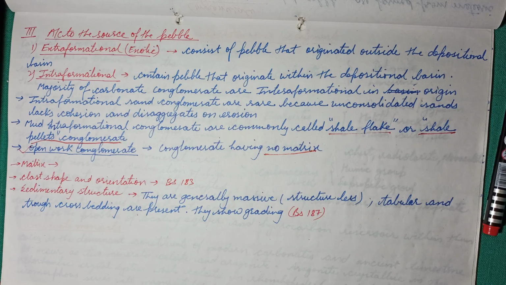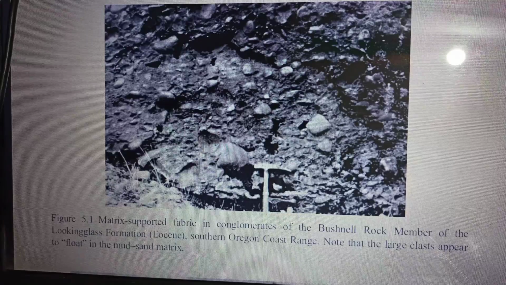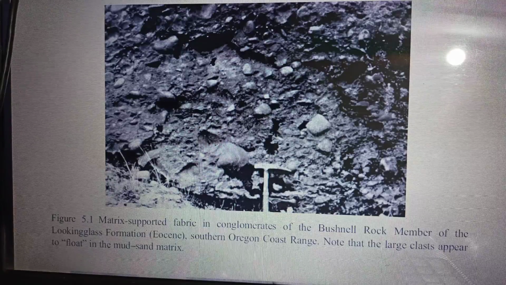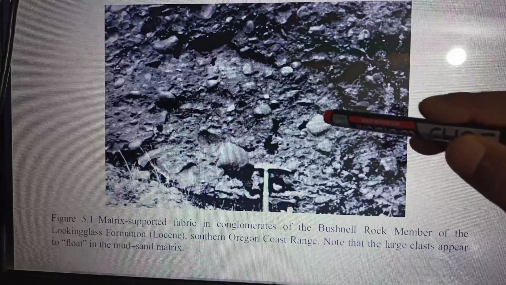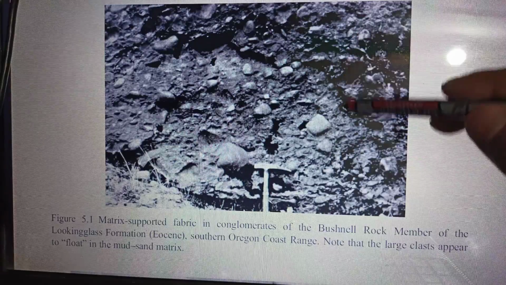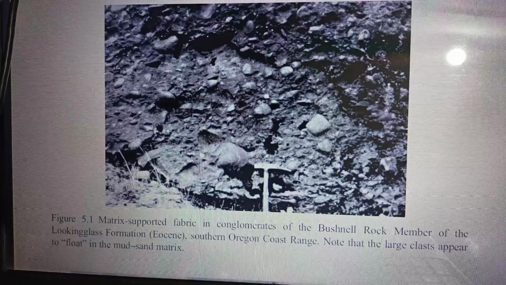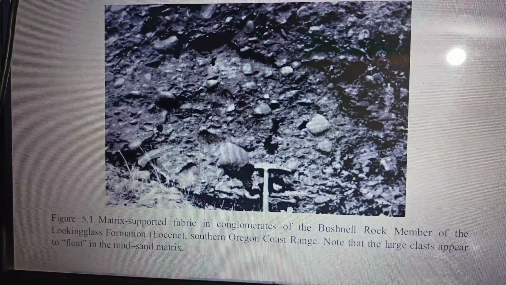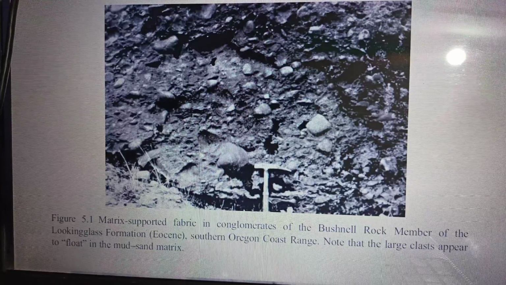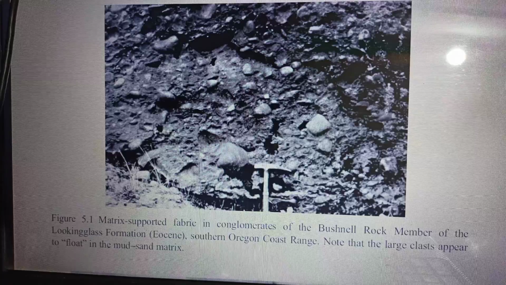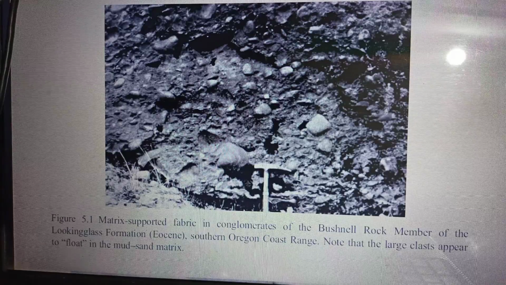Now see this. What is this? This is conglomerate. Now in which group are we going to place it? Is it grain supported or mud supported?